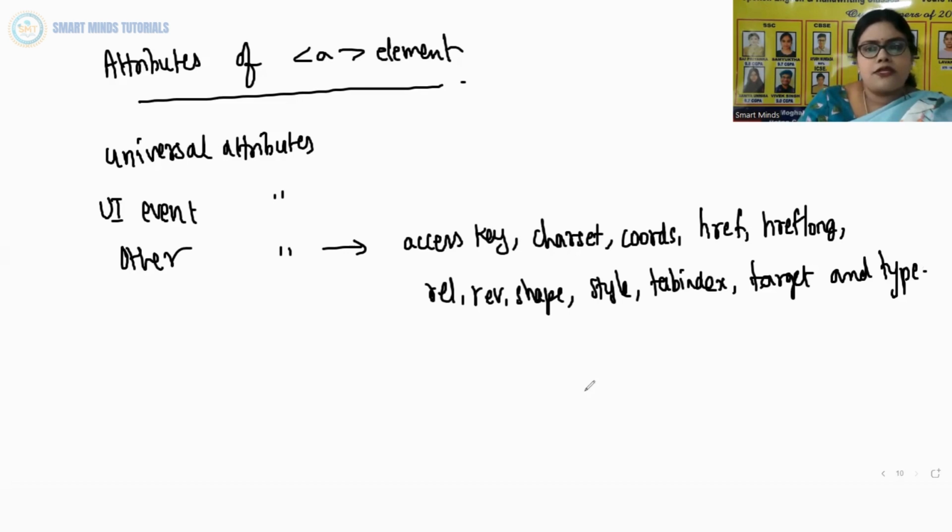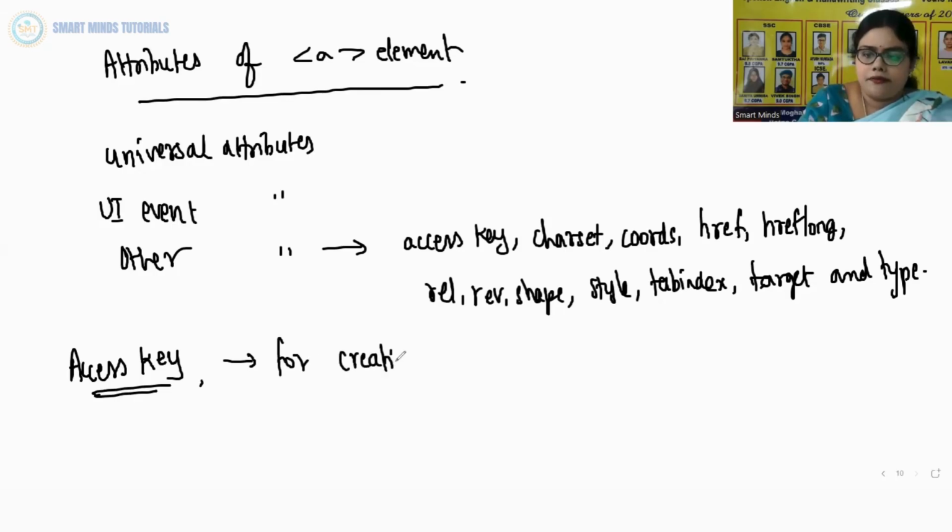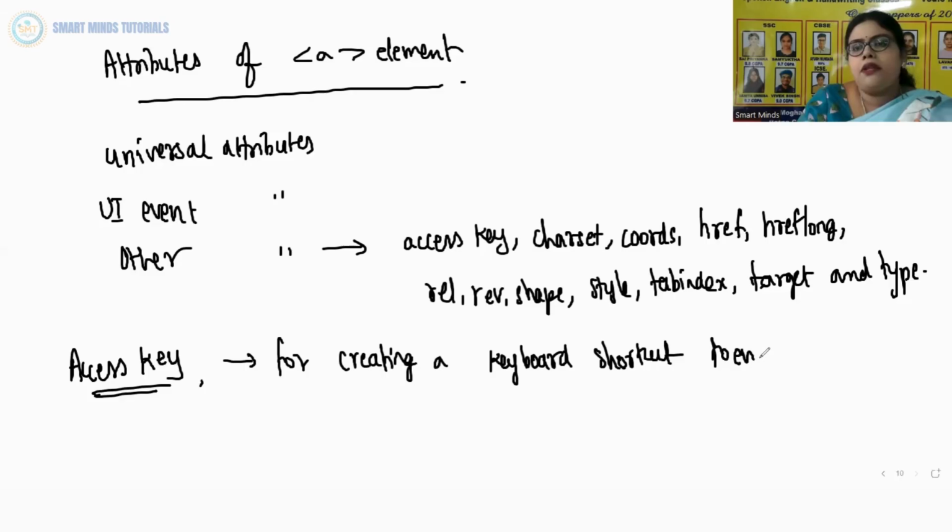So first let's take accesskey. What do you mean by the accesskey attribute? Why is it used? It is used for creating a keyboard shortcut to enable a link.